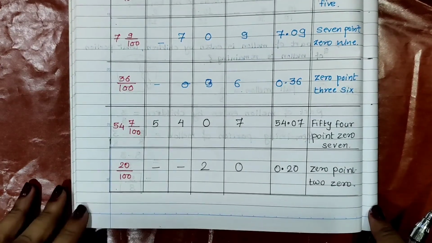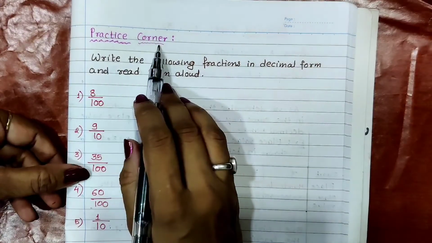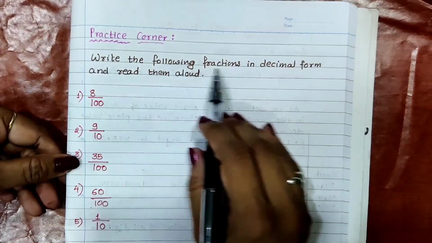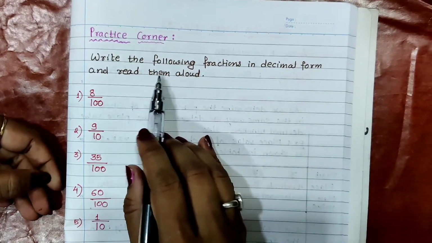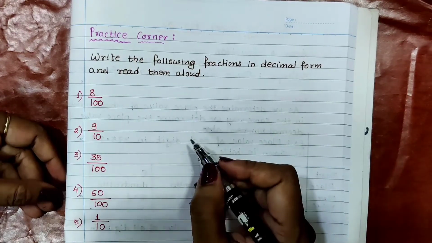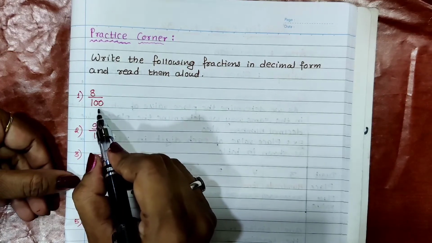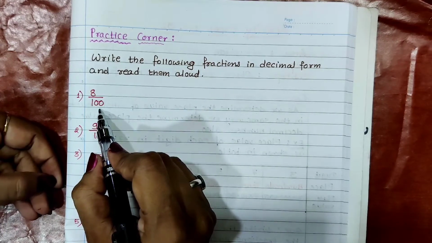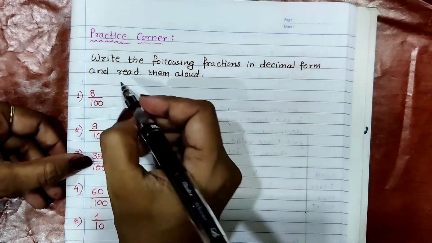Now let us go on the next question. Next we have this practice corner. Write the following fractions in decimal form and read them aloud. We have to read them aloud. So instead of reading them aloud, we will be writing them in figure. So 8 upon 100. That means in denominator 100 is there. 2 zeros are there.